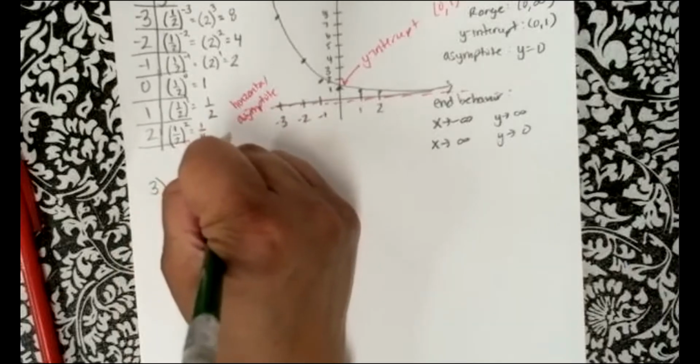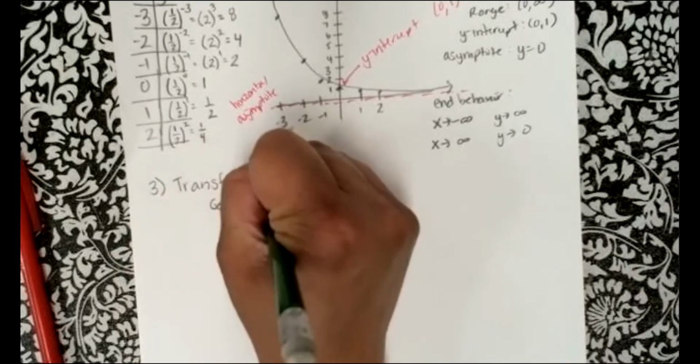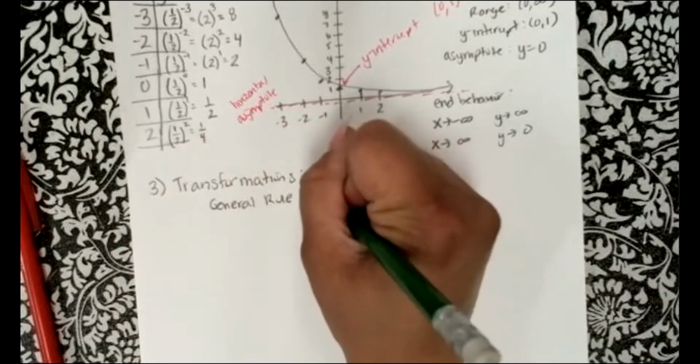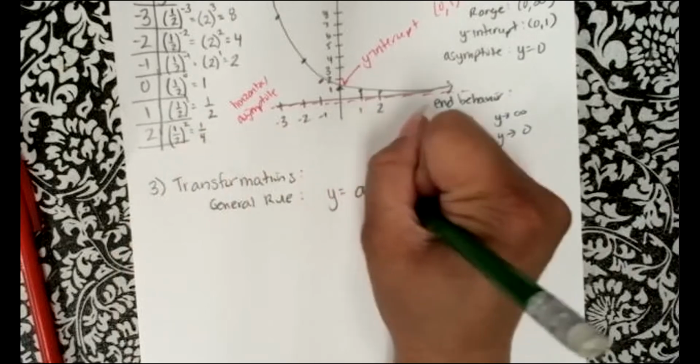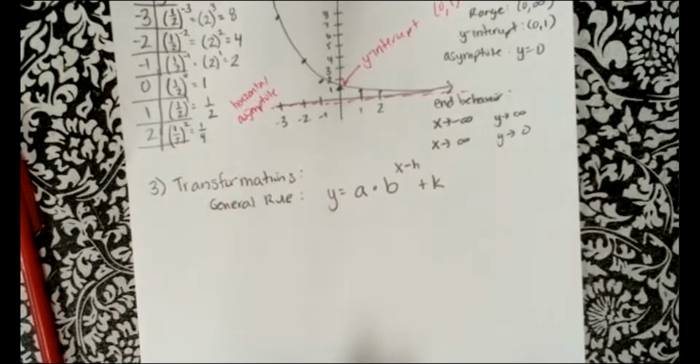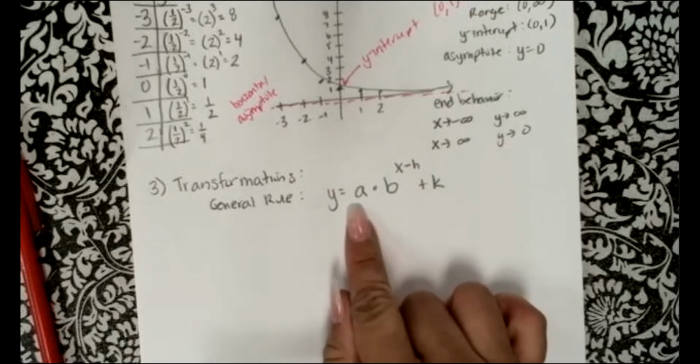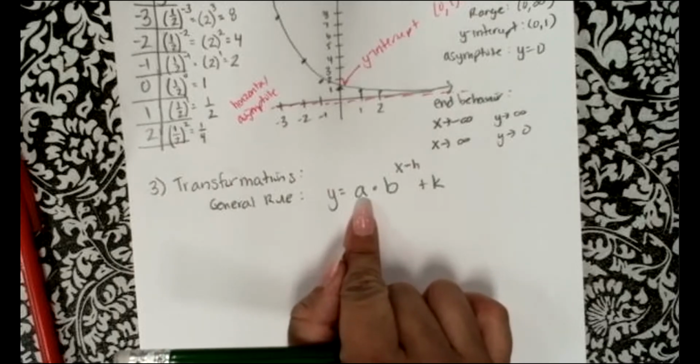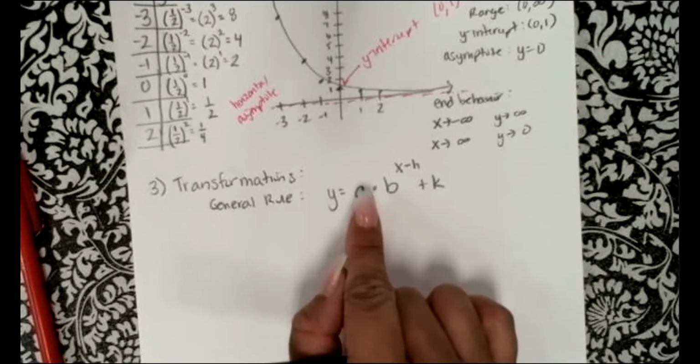Transformations. The number in the very, very front is going to be a reflection across the x-axis if it is a negative.